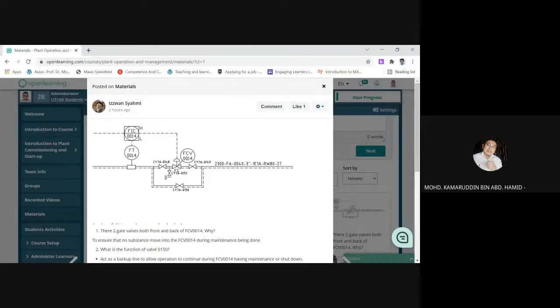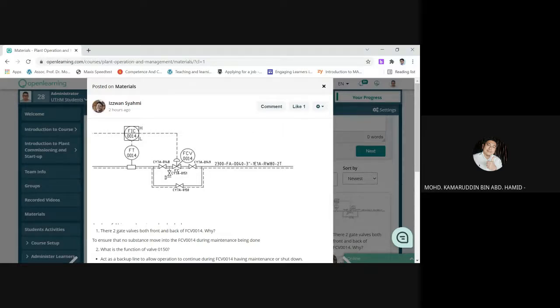The question is, when we obtain this kind of configuration, this kind of arrangement where you need to have several valves surrounding your control valve? Okay, the answer is after you do your safety analysis, especially the HAZOP. Okay, the HAZOP analysis.